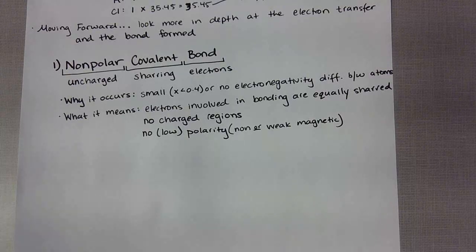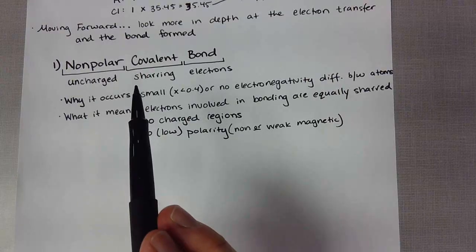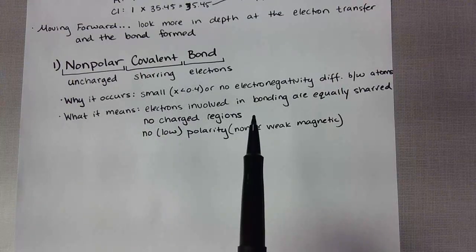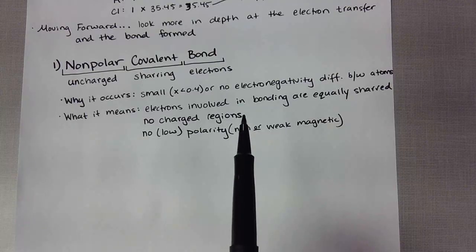Okay, so what are we looking at? An uncharged bond. Why do we get uncharged bonds? Small electronegativity differences.